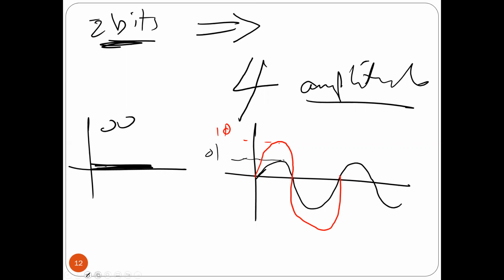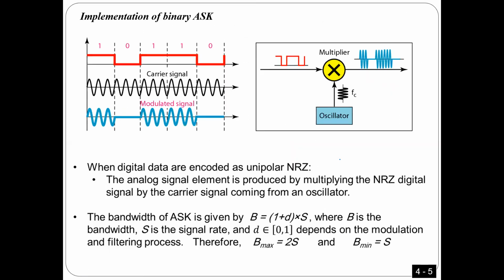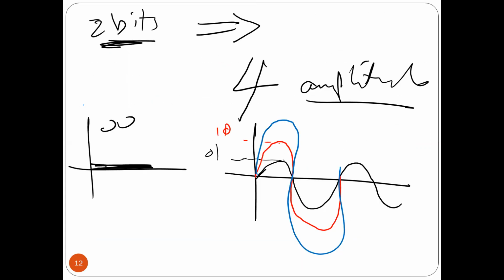And then I'm going to have another amplitude. So instead of having 2 amplitudes, as we had here, 1 amplitude for 1 and 1 for 0, here I'm going to have 4 different amplitudes. Is that okay? Yes, we can, for sure.